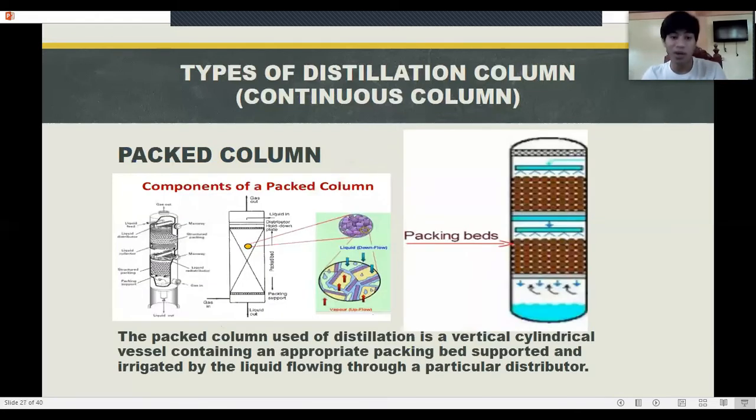Next is the packed column. The packed column used for distillation is a vertical cylindrical vessel containing an appropriate packing bed, supported and irrigated by the liquid flowing through a particular distributor. The bed height is determined by the packing mass transfer capacity, and constraints are governed by allowable pressure drop and overall column height.